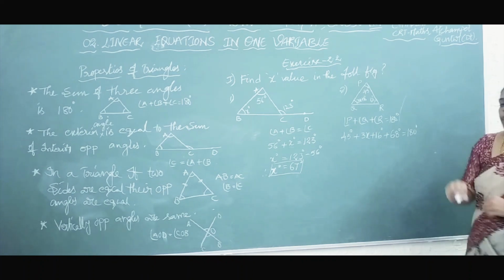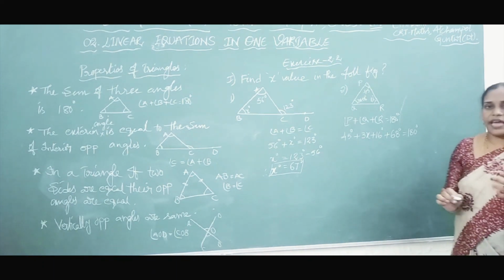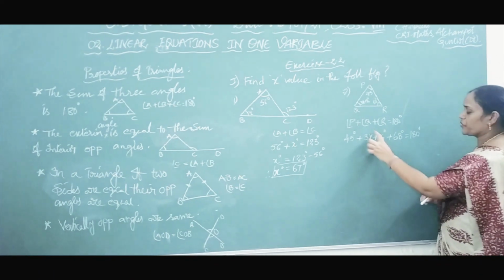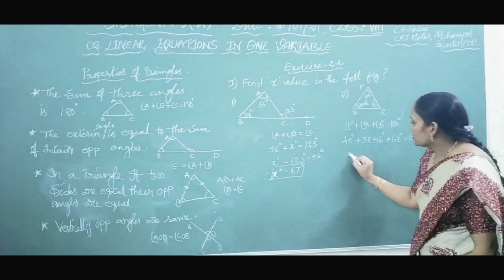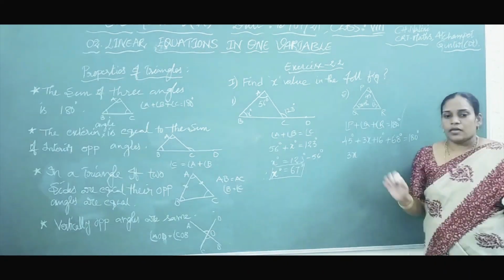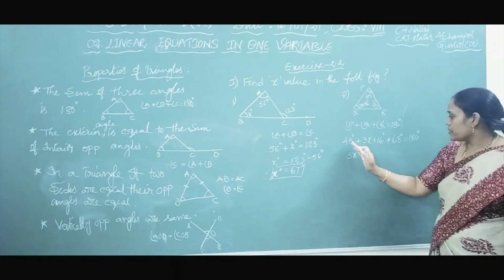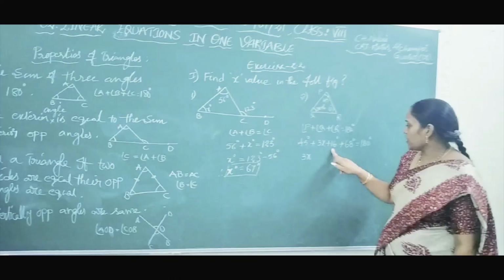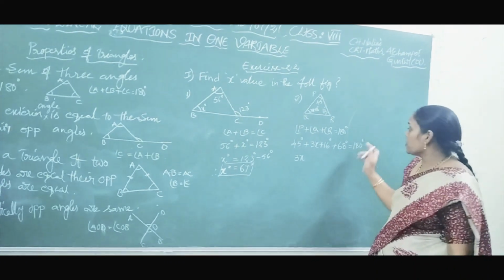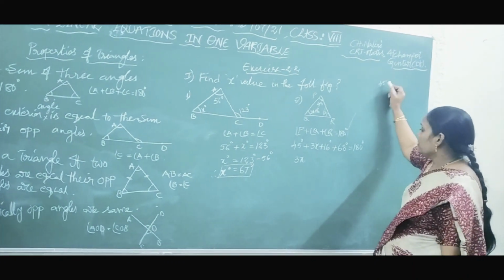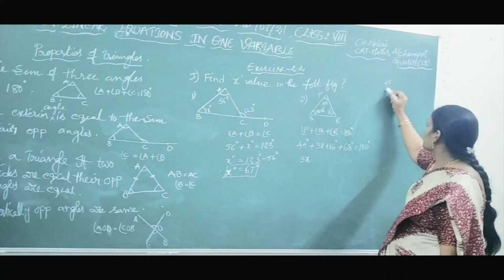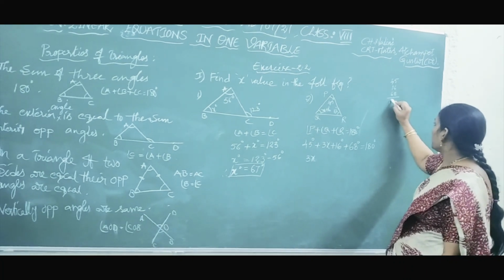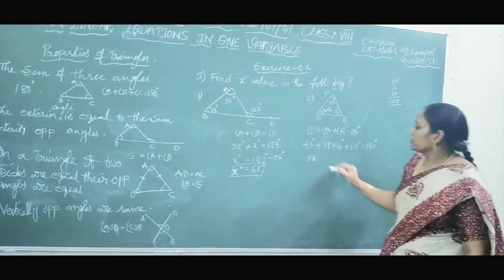Now add the remaining three terms: 45, 16 and 68. That is 129. So 3x plus 129 degrees is equal to 180 degrees.